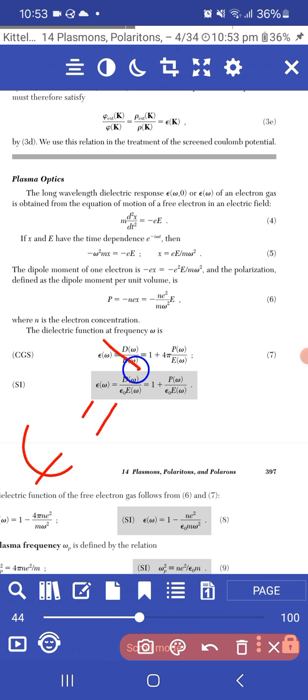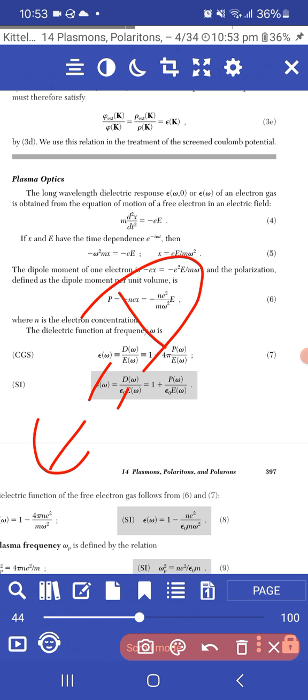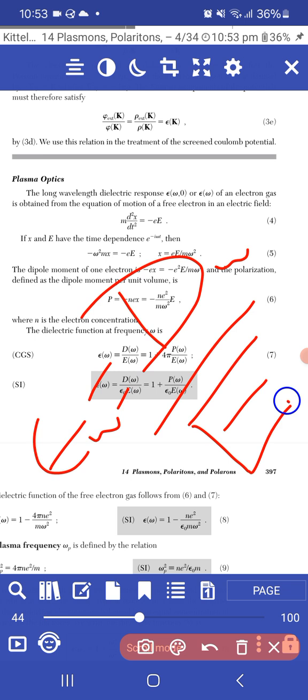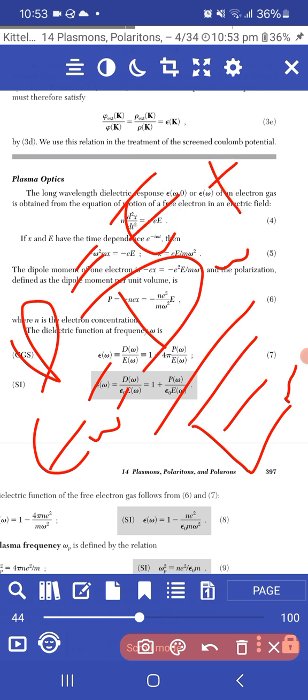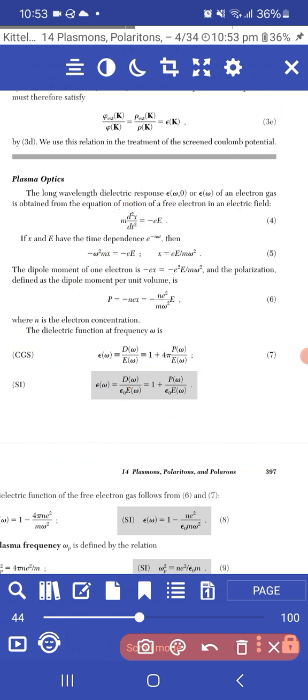Epsilon is equal to D by E, all at omega. And D is equal to E plus some constant times P. P will be multiplied by 4 pi for CGS and by 1 by epsilon naught for SI.